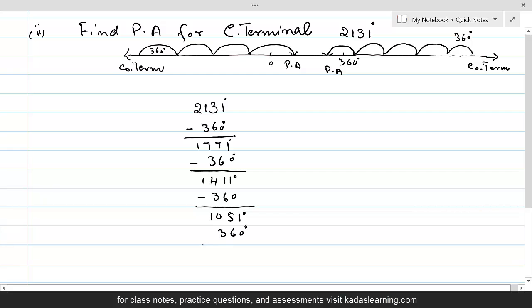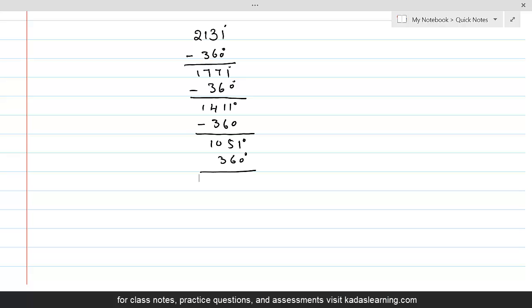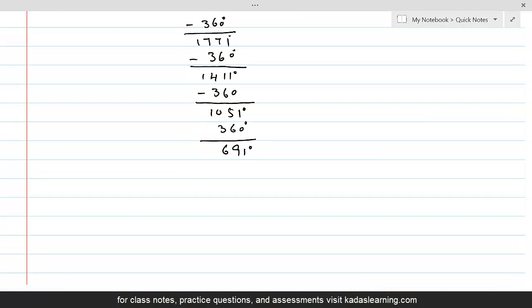Minus 360 again, and we get to 691 degrees, and if we subtract 360 again, this time we are going to get 331.